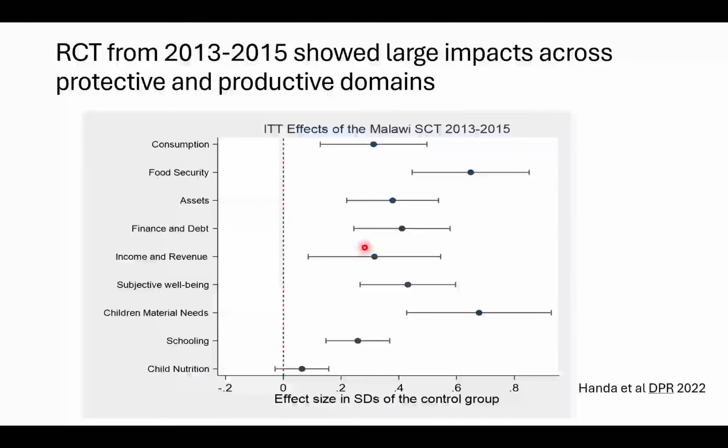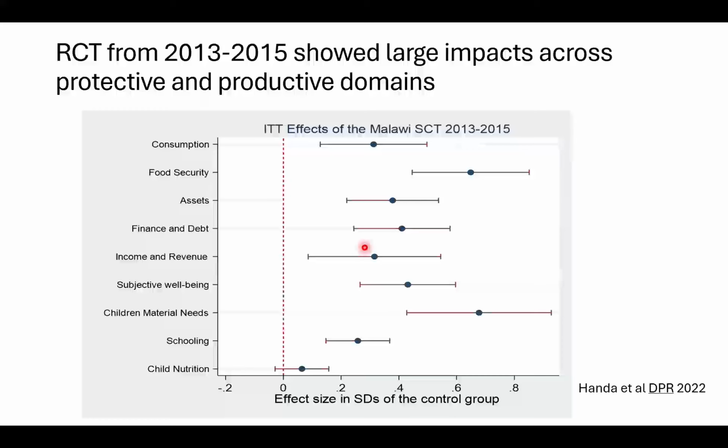Okay, so this is a summary of what we found in the original study. This was published a couple of years ago. We're summarizing all the effects of the program in one graph.